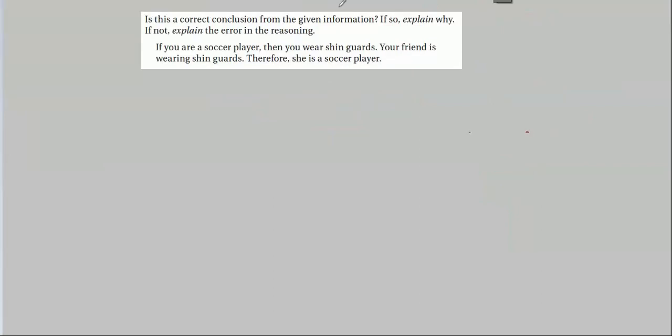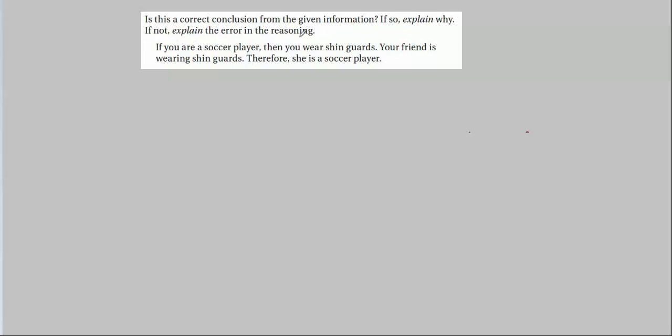Here's one where we're asked to draw a conclusion from the given information. Well, the conclusion and the hypothesis have some problems right off the bat. First off, I'm not sure if they mean all soccer players wear shin guards.